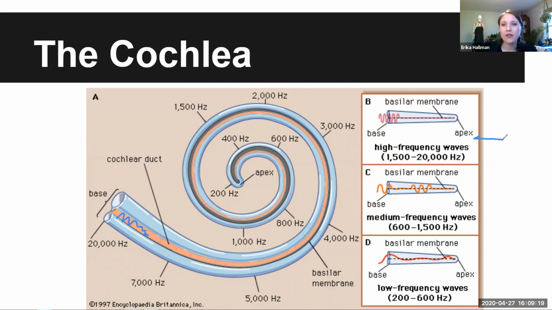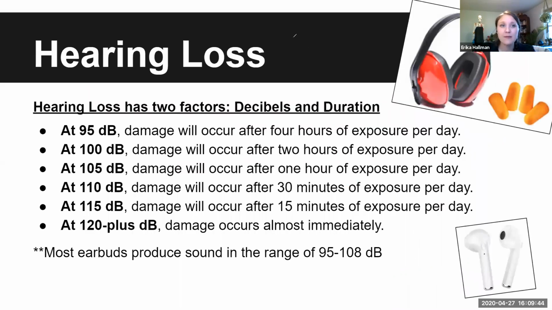All right. So that's how we determine those high frequency sounds. If we have a medium frequency sound, that sound wave might get the whole way to here before it gets muffled and stopped. If we have a really low frequency sound, it might get the whole way through our cochlea, the whole way to the end here. So that's what allows us to determine between the different frequencies of what we hear. It helps us distinguish those frequencies.